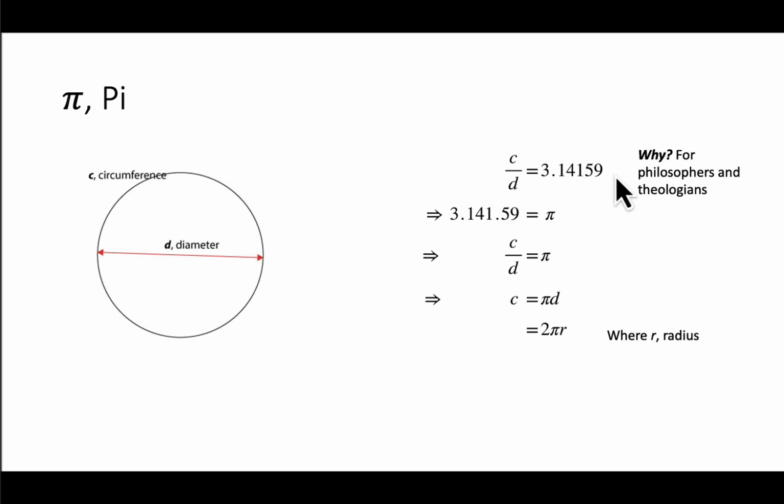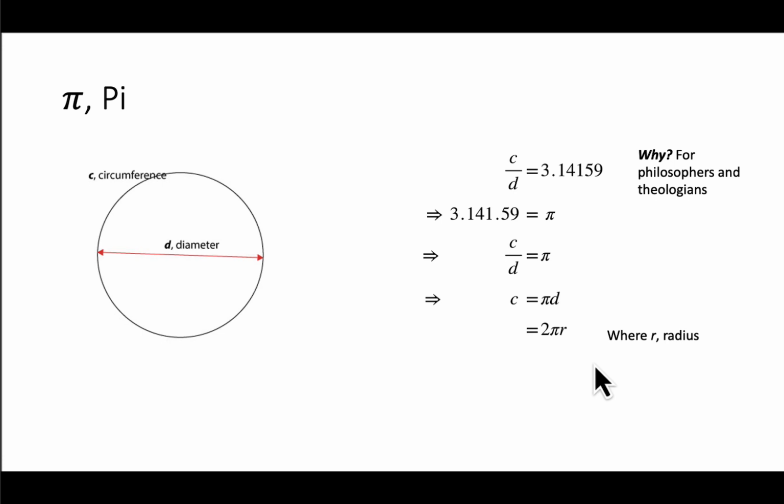And why that happens, so why it's always this ratio, is for philosophers and theologians. However, we call this number 3.14159 pi. And so circumference divided by diameter is pi. So circumference is pi multiplied by the diameter, or 2 pi r, where r is the radius of the circle.